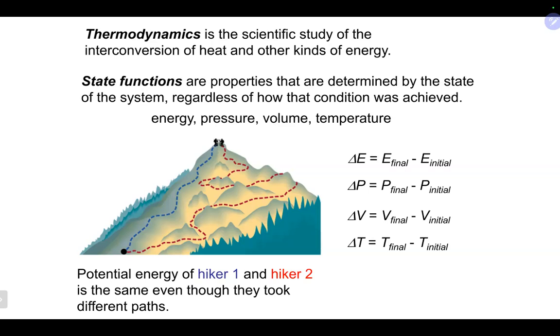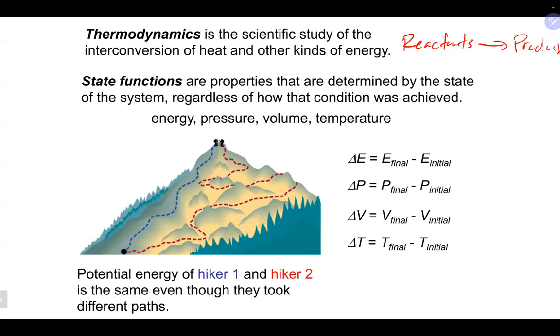And when we think about beginning and ending, or initial state and final state, when we think about chemical reactions, we basically have reactants that go to products. The reactants are our starting material, and our products are the stuff that is formed.